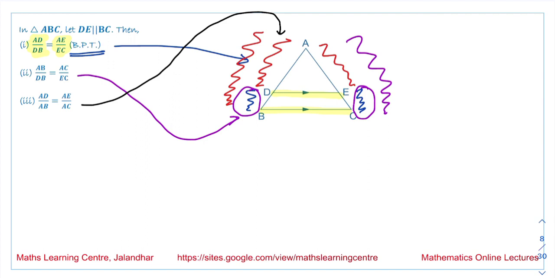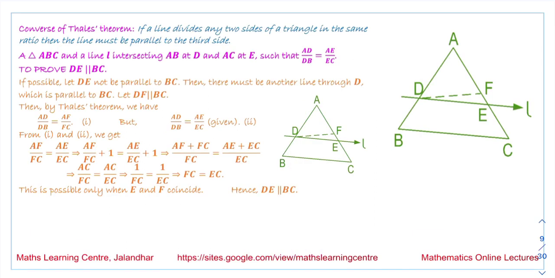The next result we have is the converse of the Thales theorem or the basic proportionality theorem. It says that if a line divides any two sides of a triangle in the same ratio, then the line must be parallel to the third side.